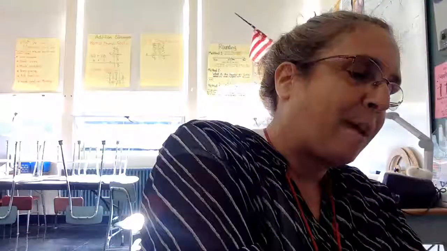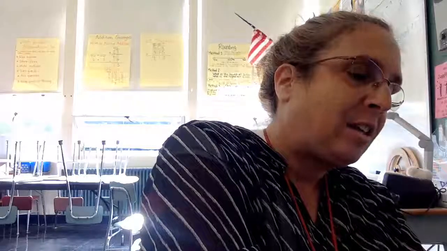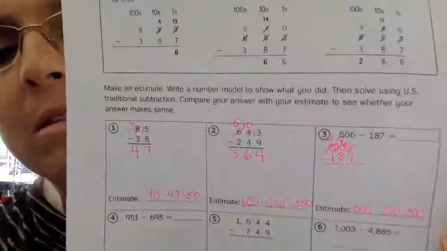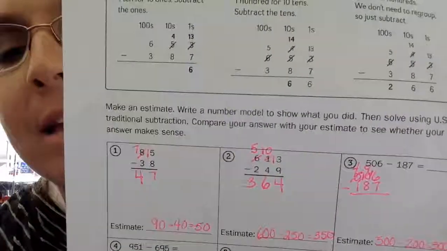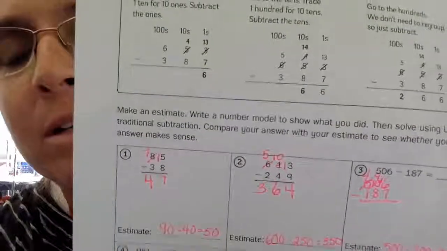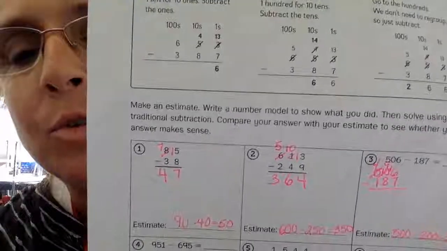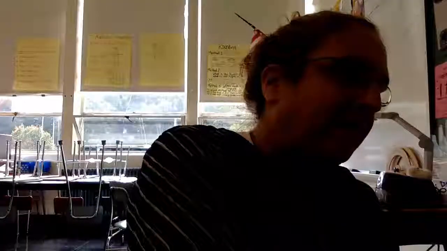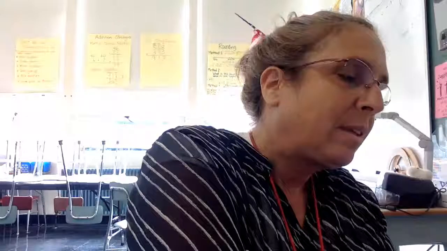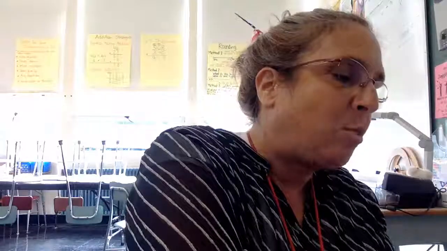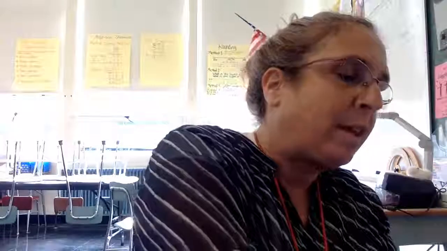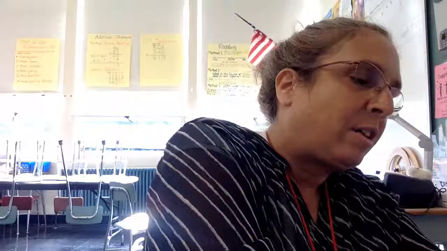Then I can borrow 10 from my tens, leaving 9 tens and 16 ones. You see that? I know I should have written that a little bit bigger or a little bit lower, but so 16 minus 7. 16 minus 7 is 9. 9 minus 8 is 1, and 4 minus 1 is 3. So our answer is 319.